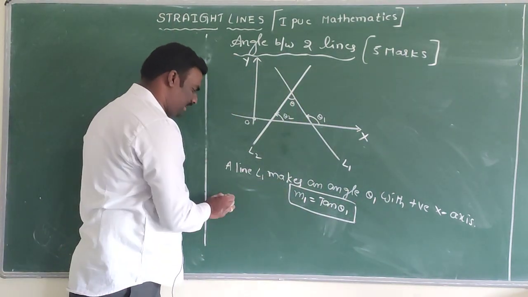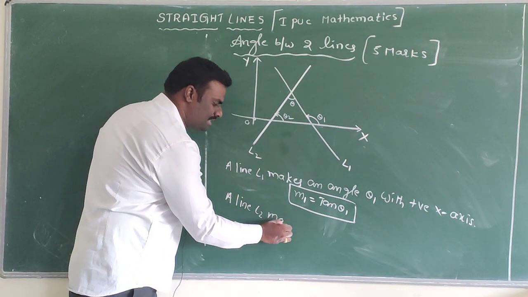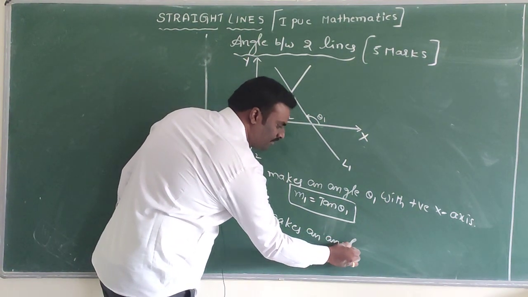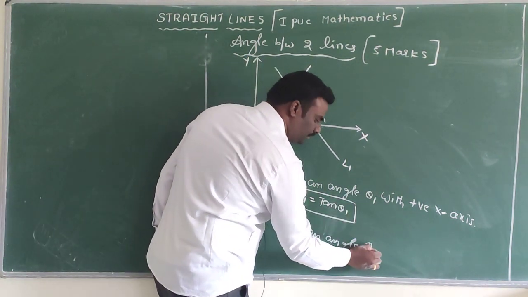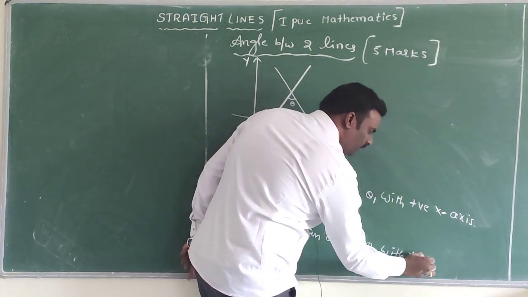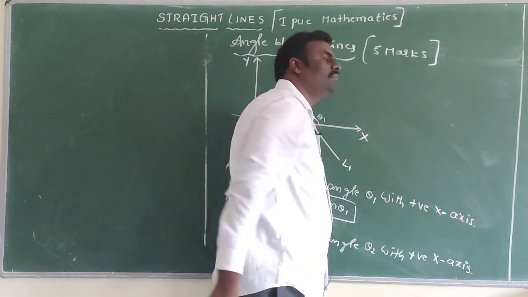Next, second line, a line L2 makes an angle theta 2 with positive x-axis.